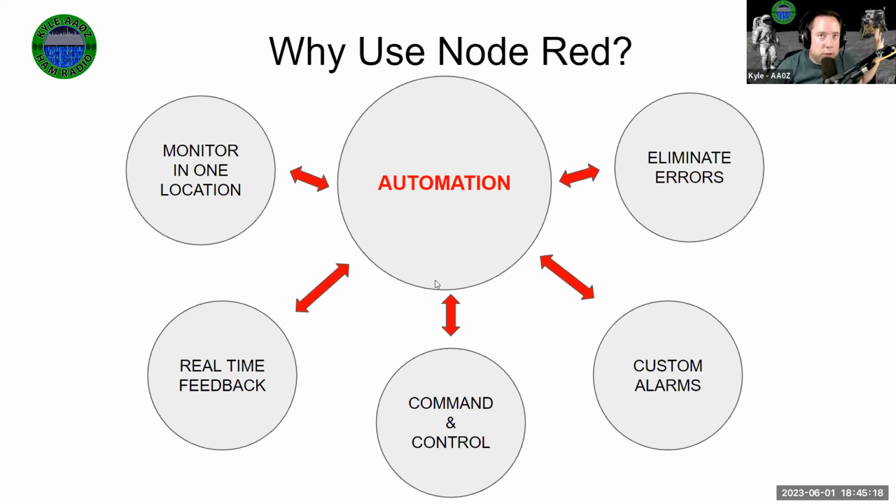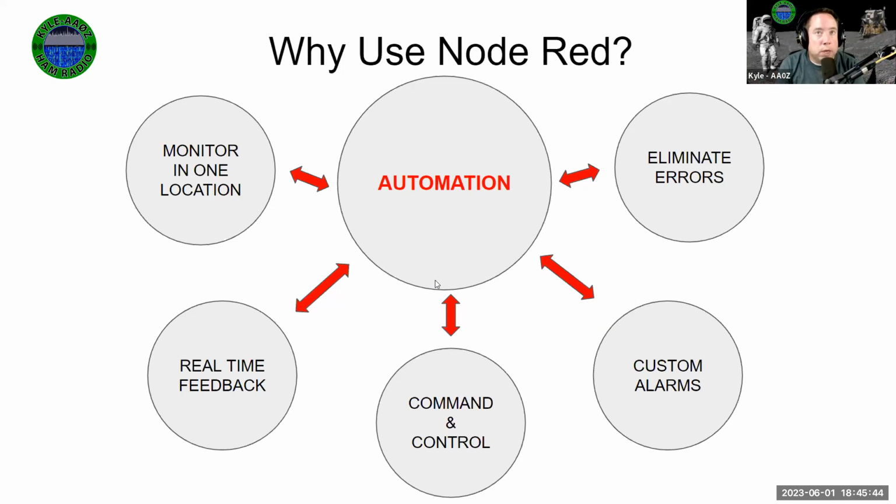And I have to make sure that all the things are in the right settings whenever I'm running or search and pouncing on a band. Well, we have taken all of that guesswork of looking over your shoulder and put it in one location, which is your monitor. I can see the status of all of my devices in my shack on the monitor in front of me. So we can monitor everything in one location.